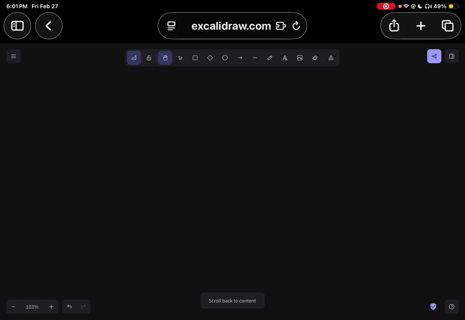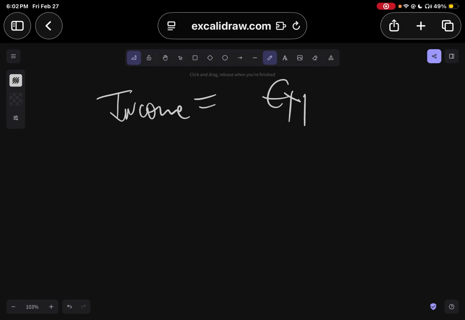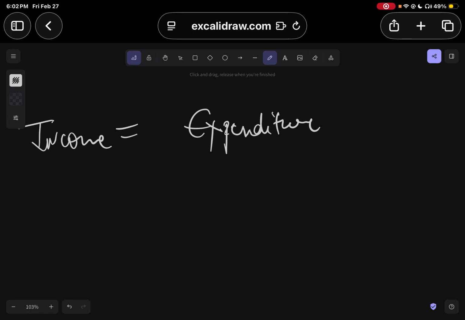So now we move on to income equals expenditure on goods and services produced in domestic territory.